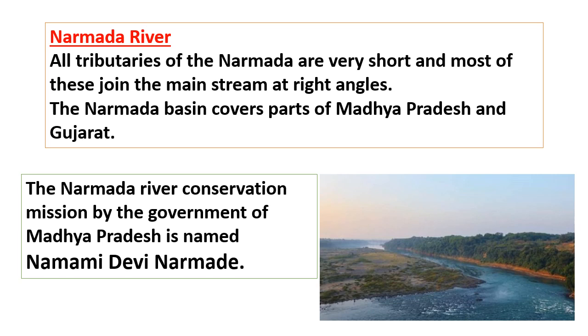All tributaries of the Narmada are very short, and most of these join the main stream at right angles. The Narmada Basin covers parts of Madhya Pradesh and Gujarat. The Narmada River Conservation Mission by the government of Madhya Pradesh is named Namami Dewe Narmade.